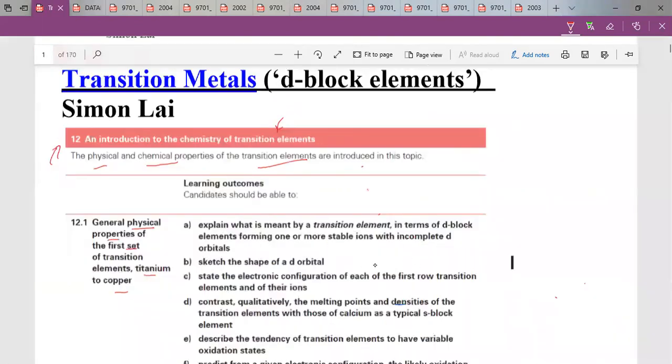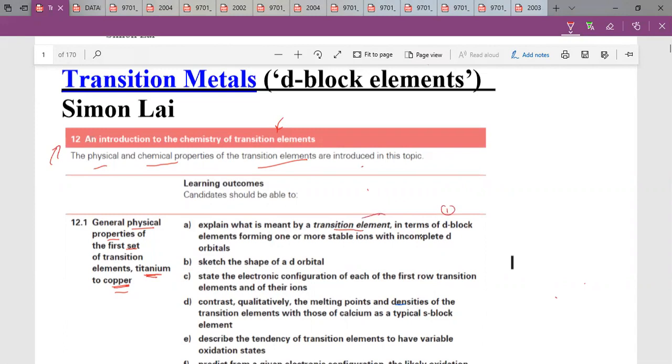So here you can see the first set, from titanium to copper. Now it says, first explain what is meant by transition elements in terms of the D block. They're very specific, because in the marking scheme they always include this. Transition elements must be, number one, an element.